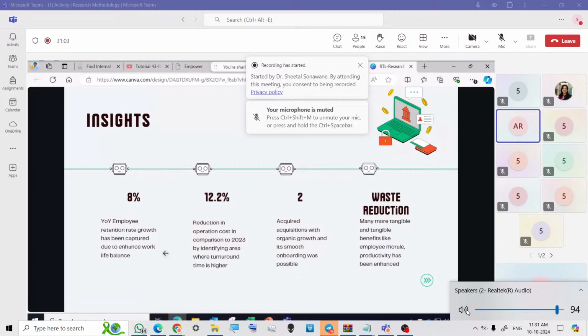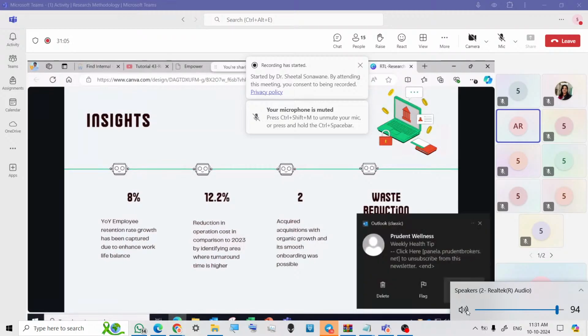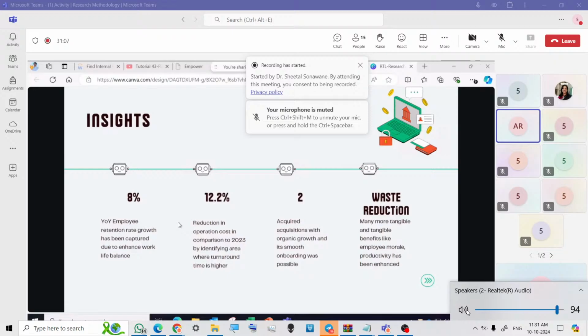So YOY employee retention rate has been reduced, eligibility test has been increased by 8%, and there is a reduction in operational cost by 12.2% over there.